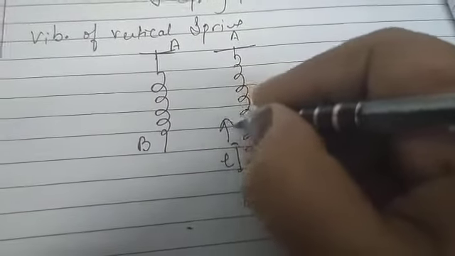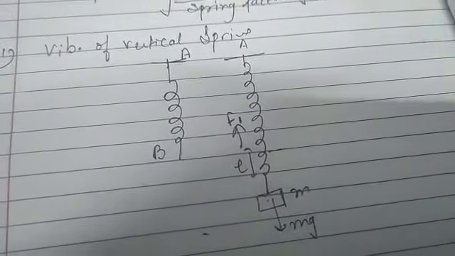Now since the displacement is L in the downward direction, the restoring force will act in the upward direction, and let us represent it as F1. So accordingly F1 plus mg is equal to 0 in the equilibrium condition, or we can write that F1 is equal to minus mg, where the negative sign indicates that the restoring force is acting in a direction opposite to the weight of the body.